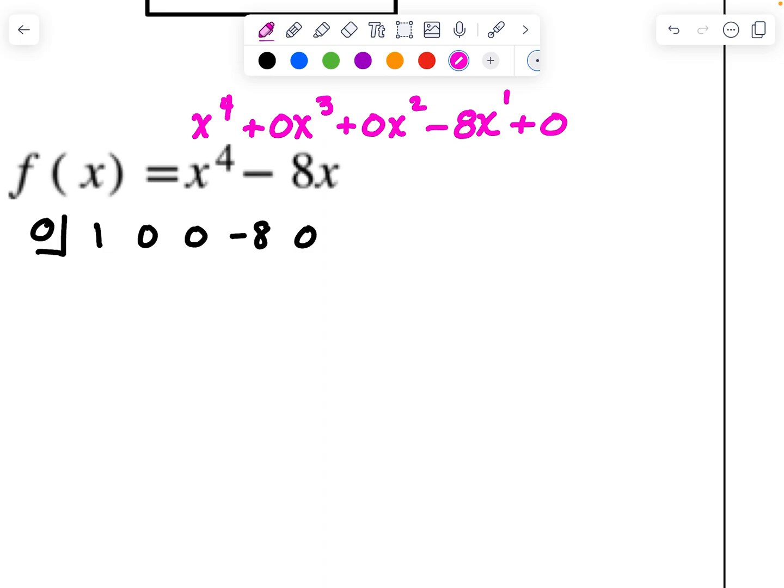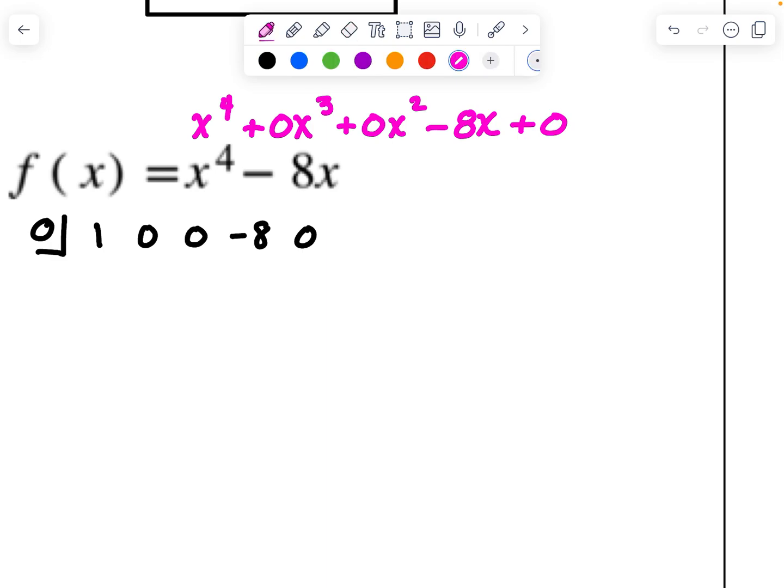So that's where all those numbers came from, because this is also technically x to the power of 0. But nobody writes x to the power of 0, and nobody writes x to the first. So there are your numbers in front: 1, 0, 0, negative 8, 0.